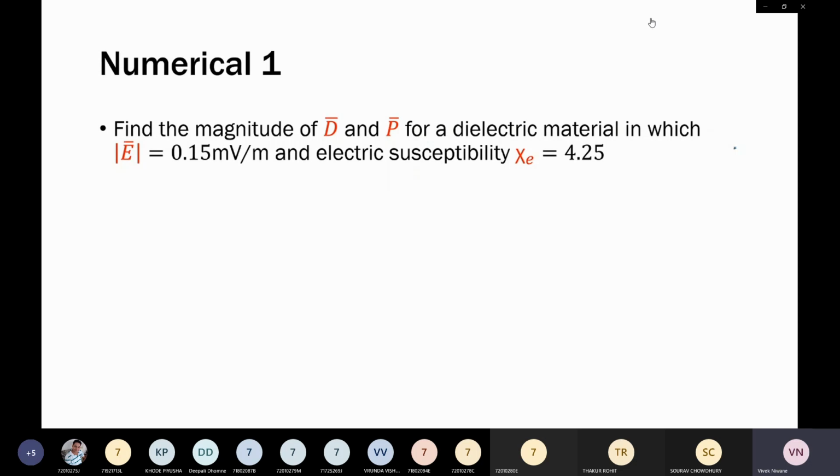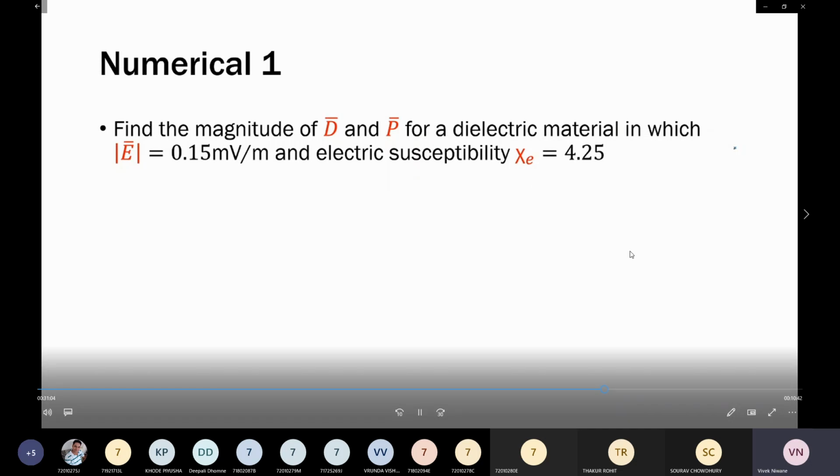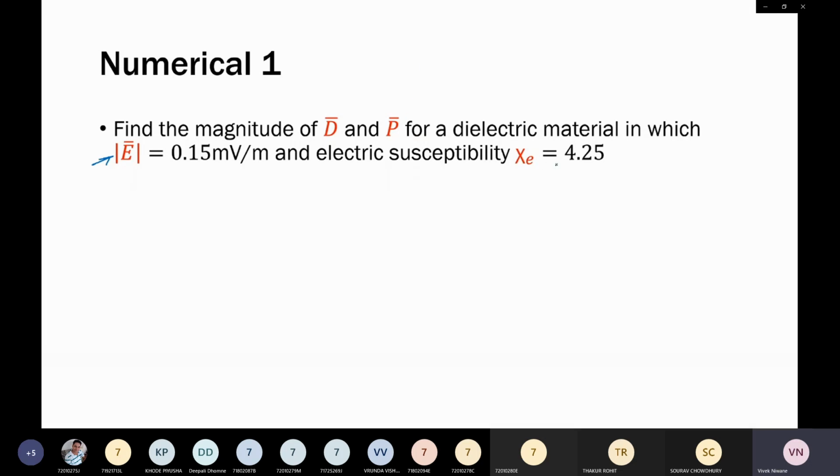Find the magnitude of D bar and P bar, that is electric flux density and the amount of polarization, for a dielectric material in which the magnitude of electric field intensity is 0.15 millivolt per meter and the electric susceptibility χe is given as 4.25.